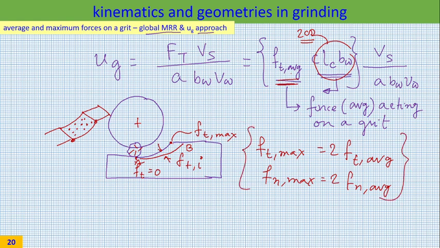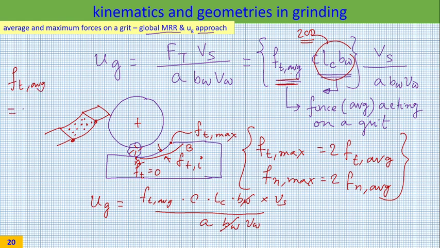Once you do this, you would be able to write UG equal to, from the first statement, FT average into C into LC into BW into Vs divided by A BW VW. So these two will cancel out and we will get an expression for FT average, which would be something like this.